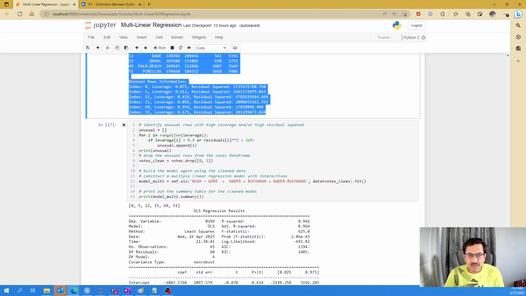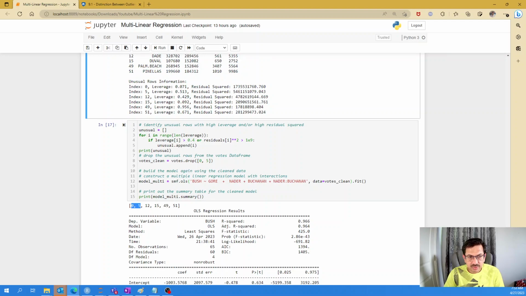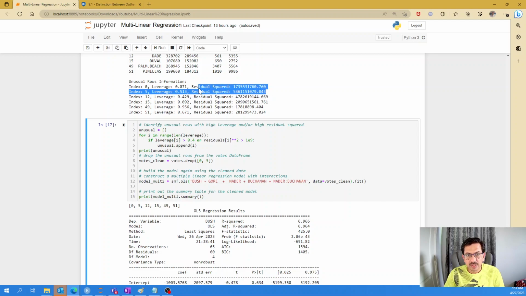The ideal thing is to start eliminating these one by one and check how the performance is improving. So what we thought, okay, let's remove the first two, because these two seem like the leverage is very high, and the residual square is also high. So let's remove these two from the data.